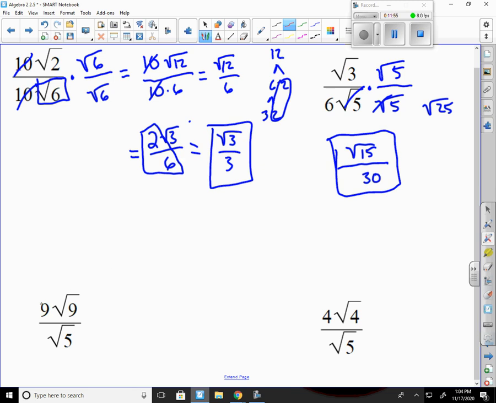Well, this one's not under the root, so it just stays. We don't do anything with it. But this one, you're exactly right. This would just become a 3. So our top just turns into 9 times 3, which is 27. So if we start by simplifying that, it makes it easier throughout the rest of the process.